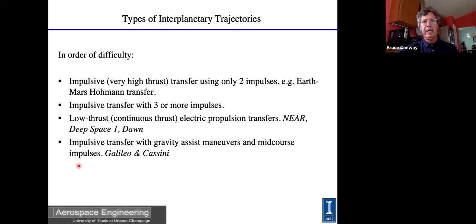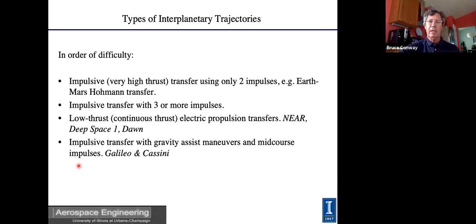So, the types of interplanetary trajectories, roughly in order of difficulty: very easy to find is impulsive, meaning high thrust chemical propulsion, transfer with just 2 impulses. That could be, for example, an Earth to Mars Hohmann transfer. Even impulsive transfer with 3 or a small number more impulses is not too difficult to solve for.